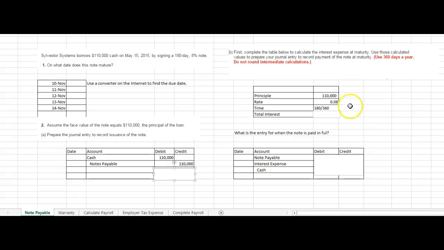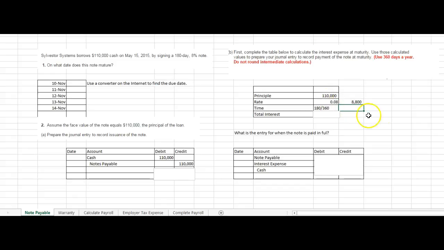So now we want to figure out how much our interest is. It's an 8% note, it's 180 days, and we're going to use the 360-day year instead of 365. How do I figure out how much my interest is? Well, you simply take 110,000 and multiply it times the 8%, which gives you $8,800. But that's for the whole year, because this rate is on 12 months.